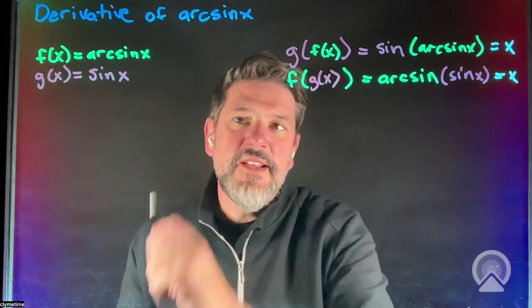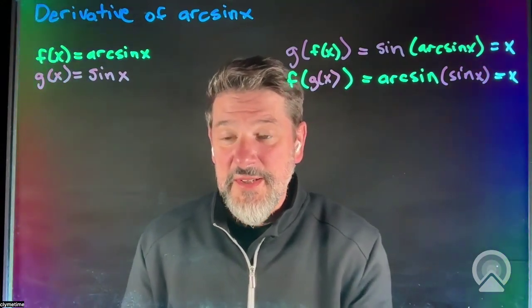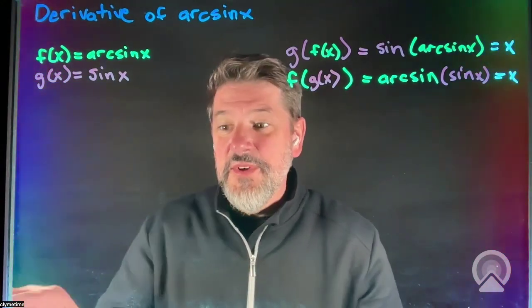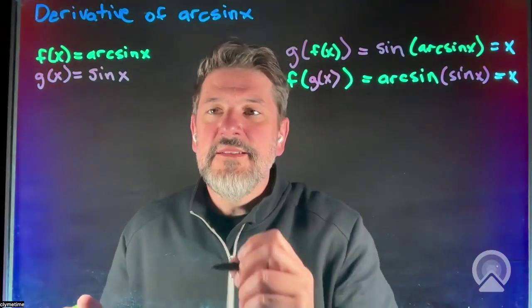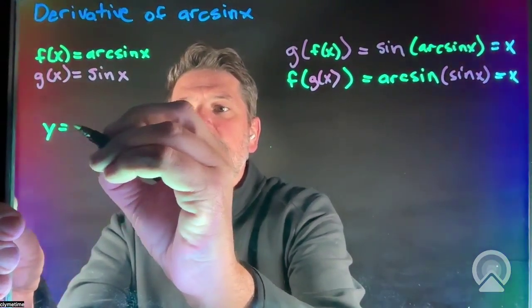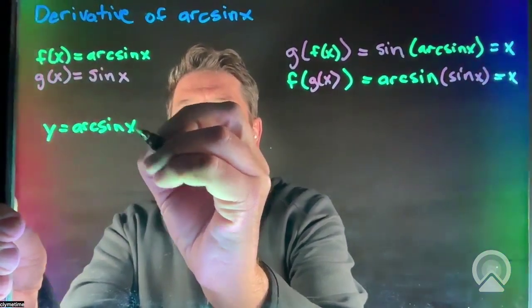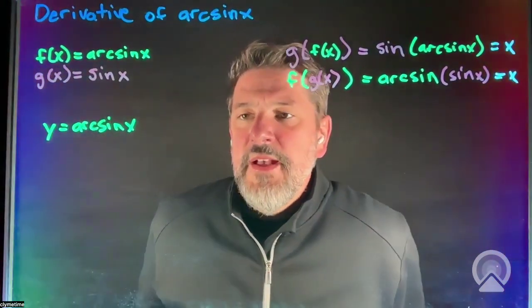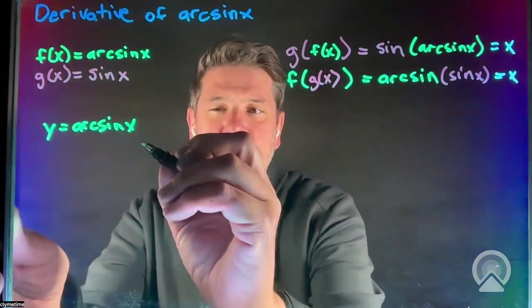So we know the derivative of sine is cosine. What is the derivative of arcsine going to be? Well, it may not be obvious what this is going to be, but we're going to look at a fairly easy way to figure it out. So let's say y is equal to the arcsine of x. What that means is that x is equal to the sine of y.